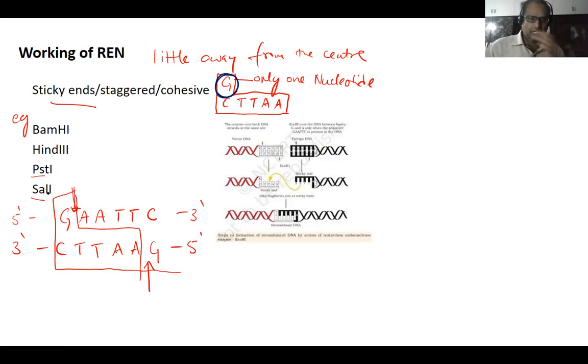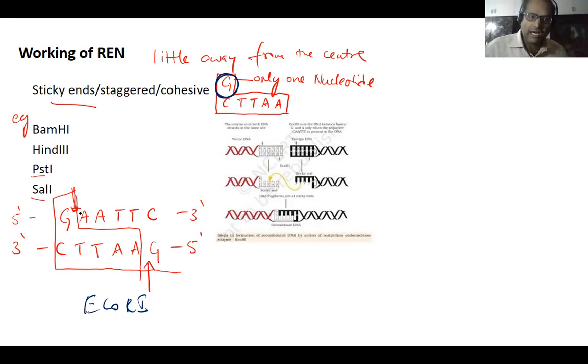Now, for example, let's take EcoRI as an example of a restriction endonuclease and work on it. Look at that particular sequence. This is the sequence of EcoRI: GAATTC, 5 prime. The other strand we have to write as 3 prime, so it has to be in the opposite orientation, 3 prime to 5 prime: GAATTC.